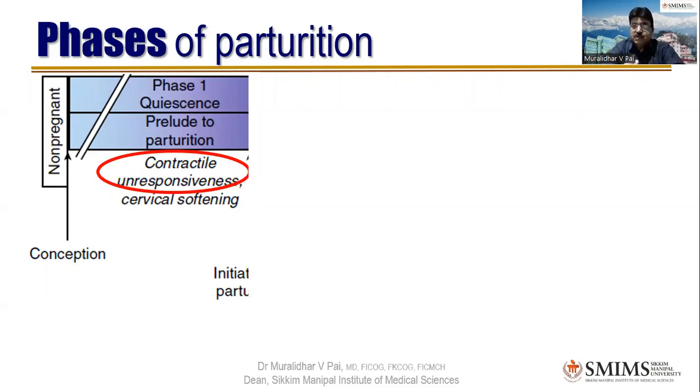Of course, towards the end, it will respond. But in the initial days, you need heavy doses of uterotonics to make it responsive. So in the usual sense, it is a contractile unresponsive state or phase. Here, the cervix just softens.